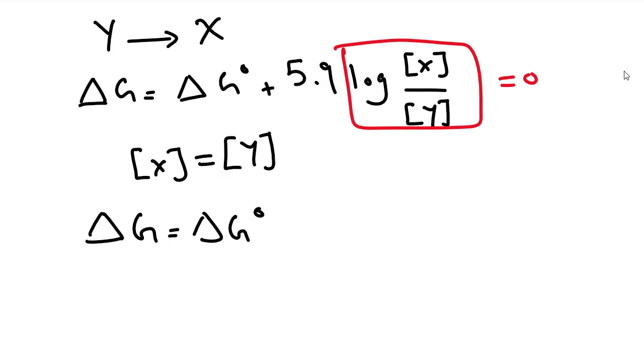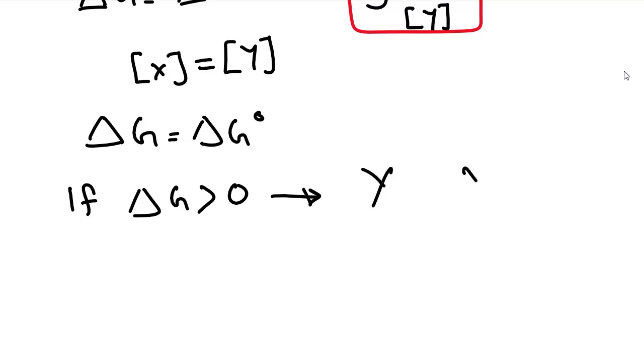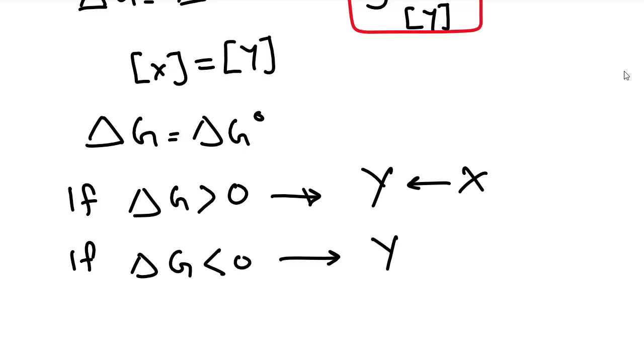We also know the following, that if delta G is bigger than 0, then the reverse reaction is favored. So for Y goes to X, actually this direction is favored. Whereas if delta G is less than 0, then the forward direction is favored.